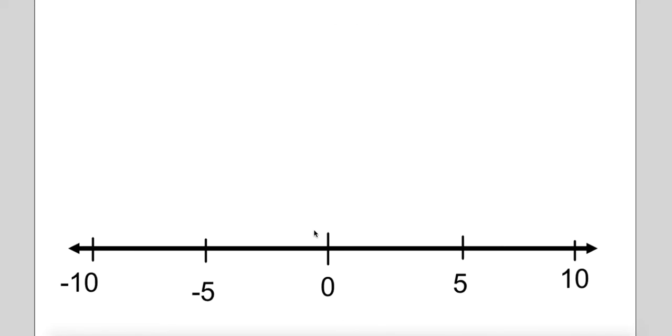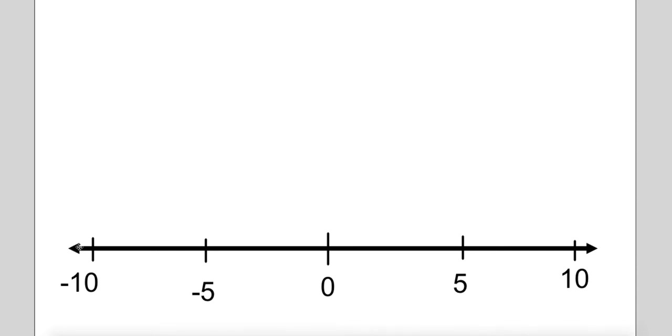So again, integers include all whole numbers on the number line, and we've used number lines quite a bit in this class. And as you'll notice, number lines include all positive numbers, and they increase as you go to the right, and negative numbers increase negatively as you go to the left. So here we have 0, negative 5, negative 10, and remember that these arrows mean this goes on forever and ever and ever.